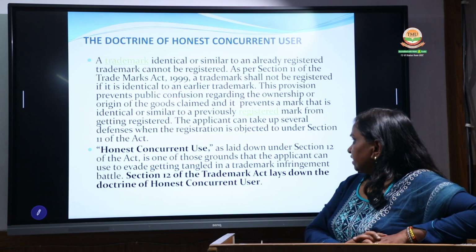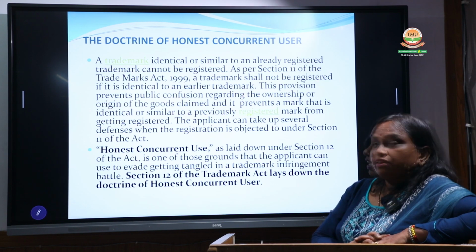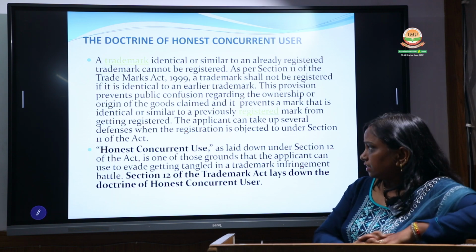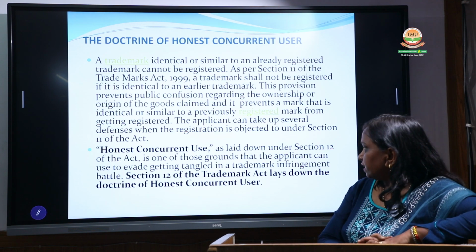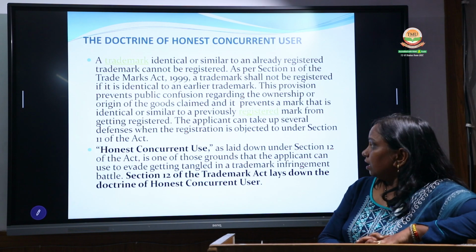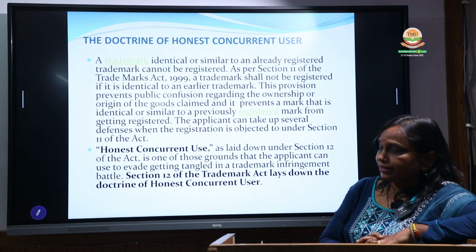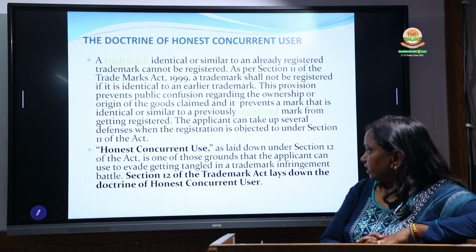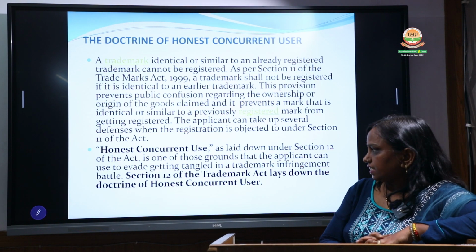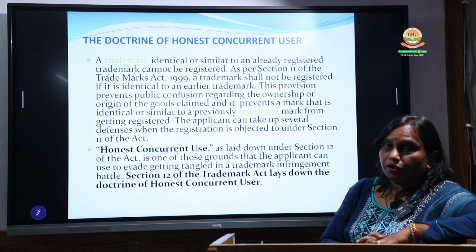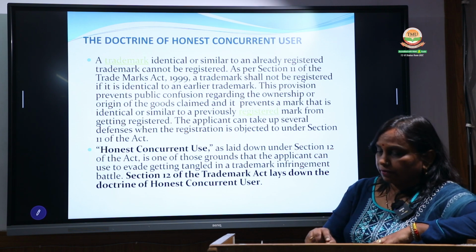The applicant can take up several defenses under the Act. Honest concurrent use, as laid down under section 12 of the Act, is one of those grounds that the applicant can use to evade getting tangled in a trademark infringement battle. Section 12 of the Trademark Act lays down the doctrine of honest concurrent use.